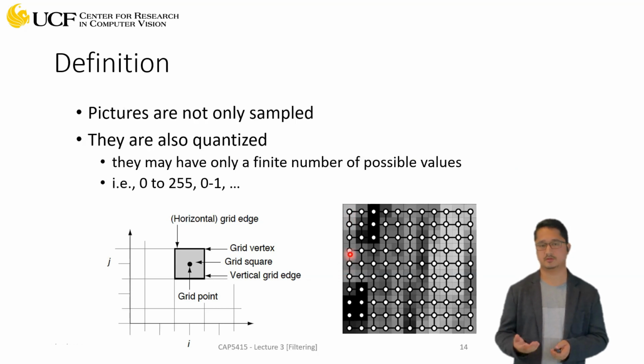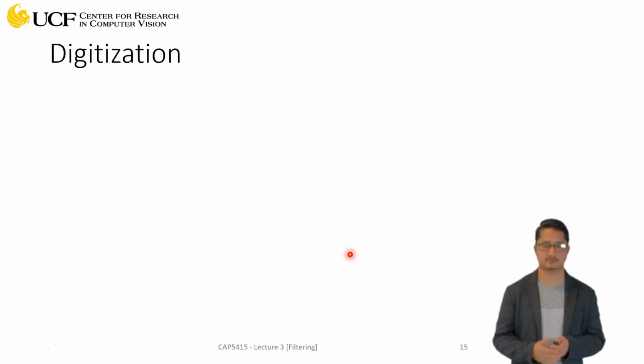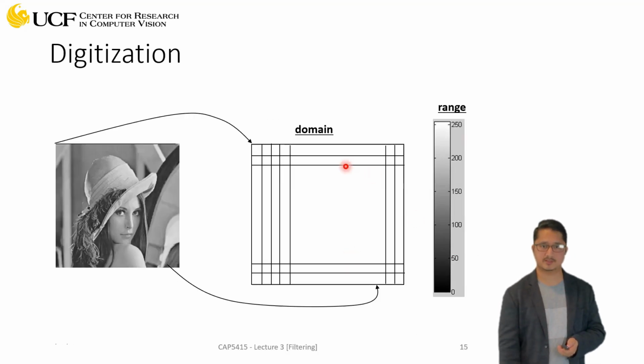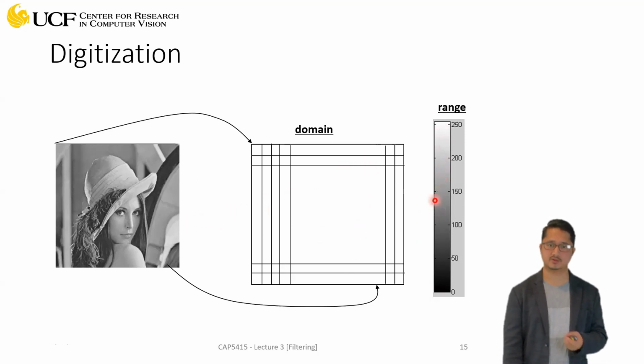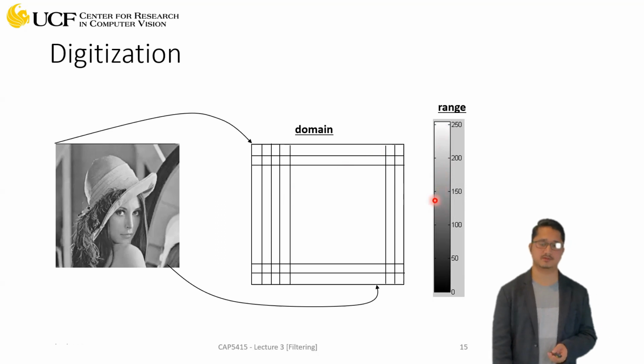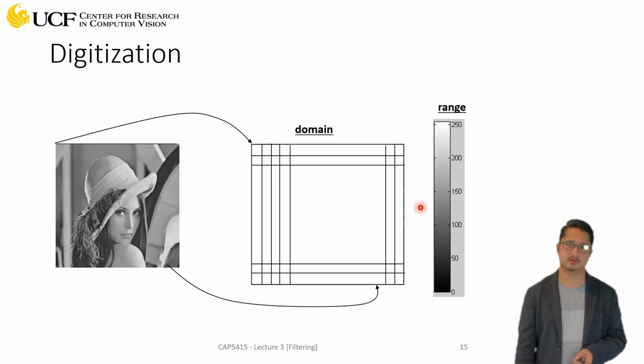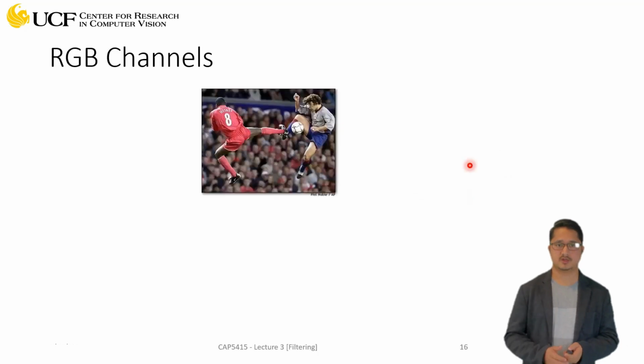You know that we're talking about the bit depth of an image, right? That bit depth actually defines the range of your image function. So this xy grid is the domain of the function which you are using to define your image, and the values which these locations can store represent the range.